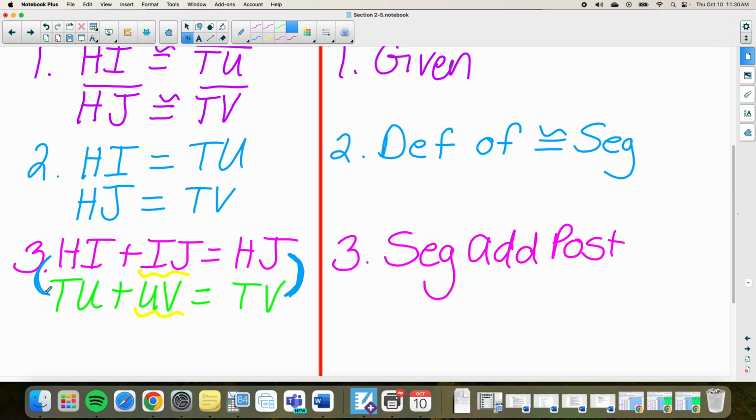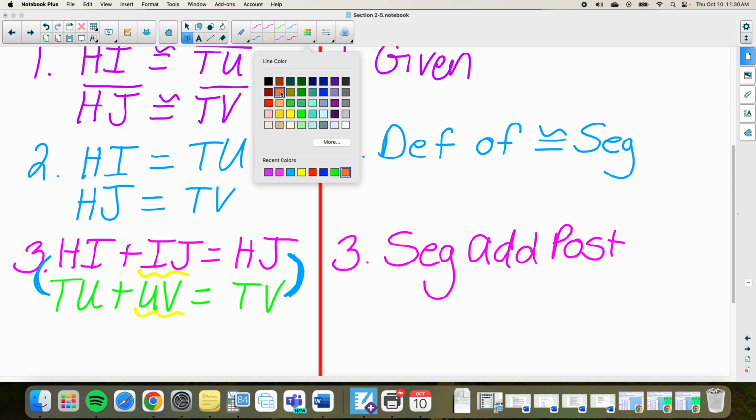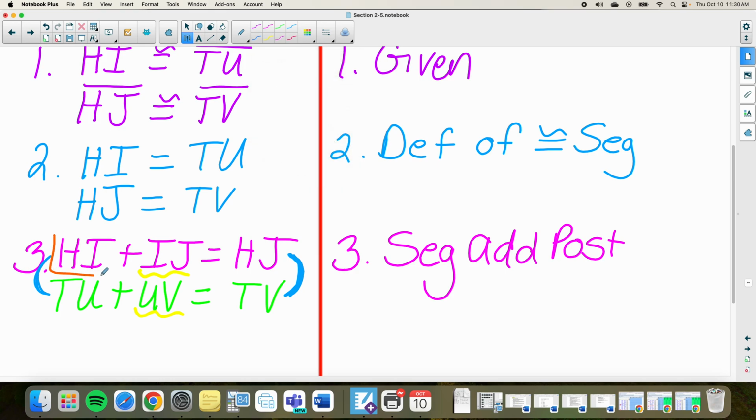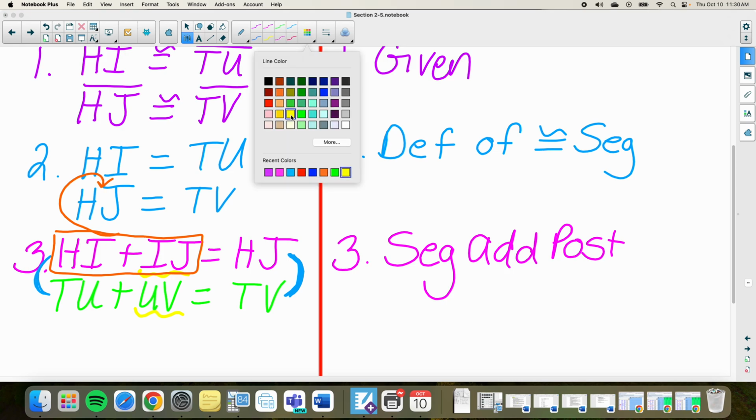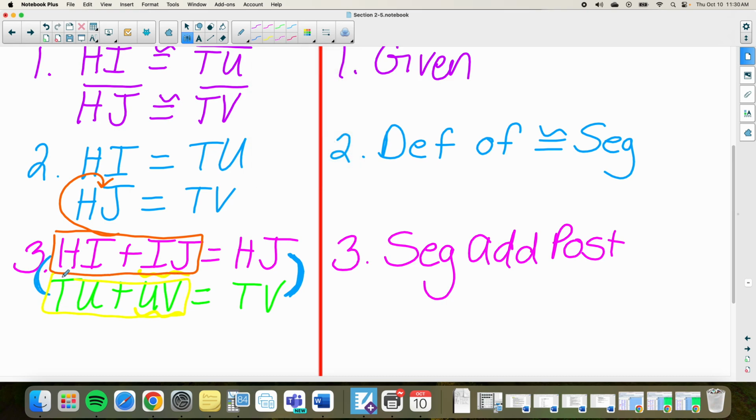Okay, how it would be explained is they would say HJ equals this orange box. So this orange box you're gonna put in for HJ, and then they would say TV equals this yellow box, and TV is up here, so we can put the yellow box in for that.